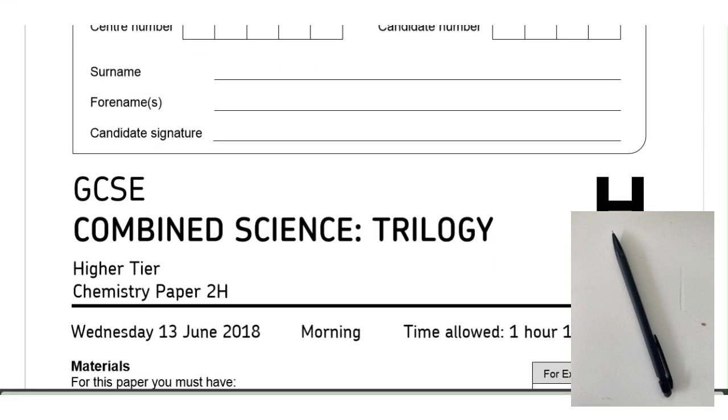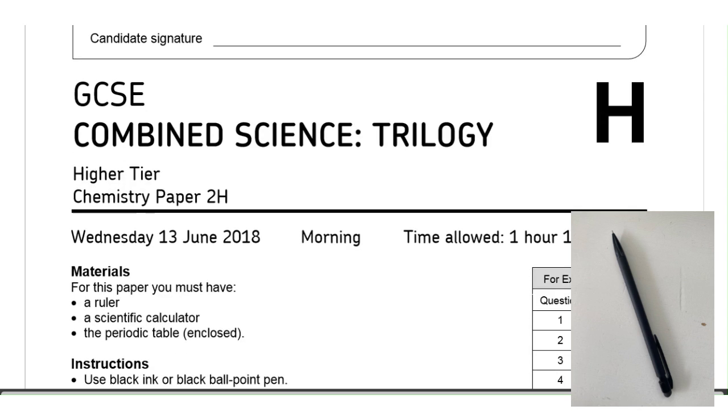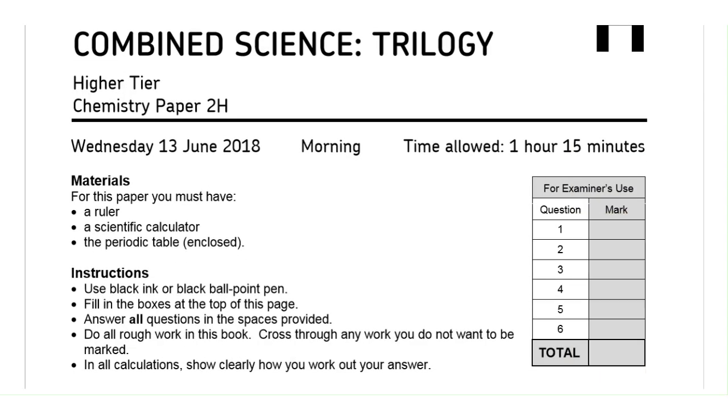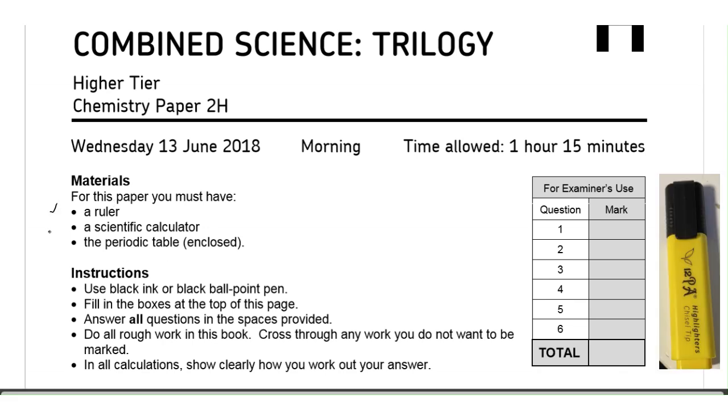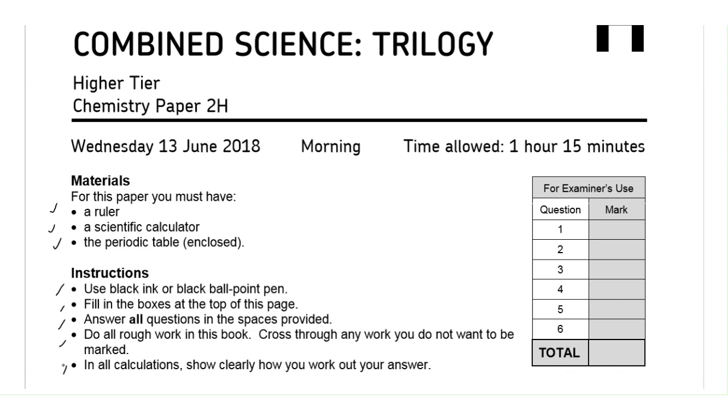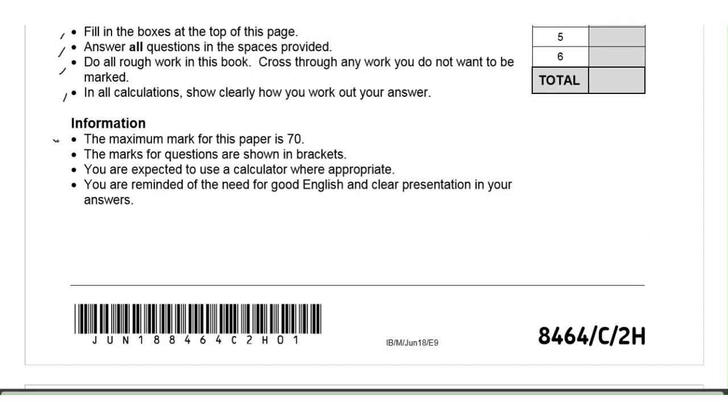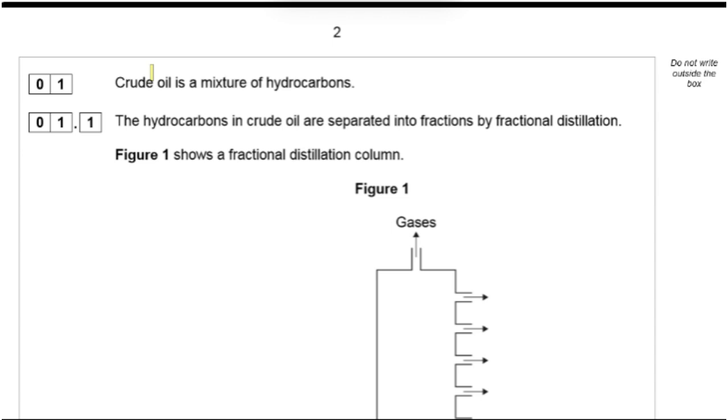That way you know that there's no information that's going to be any surprise. Another piece of equipment that you might find useful is a highlighter pen, and this will help you to highlight key words, command words, and number of marks available for each question. So I'll demonstrate this now.